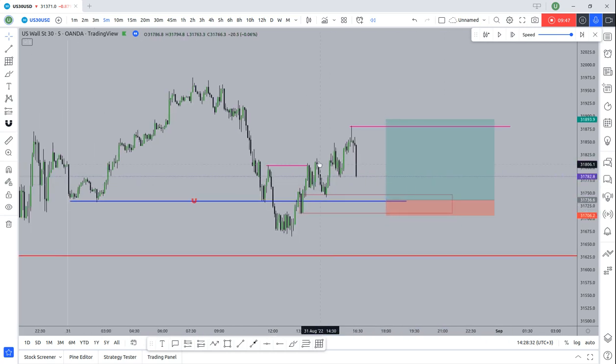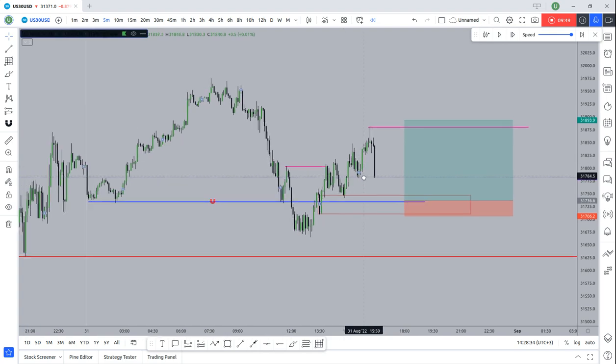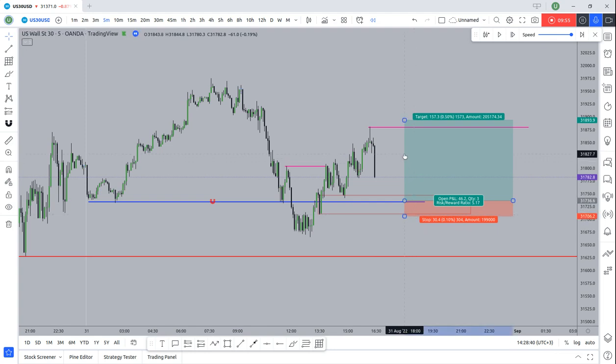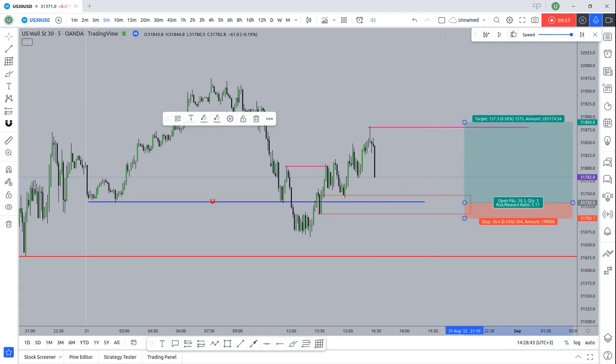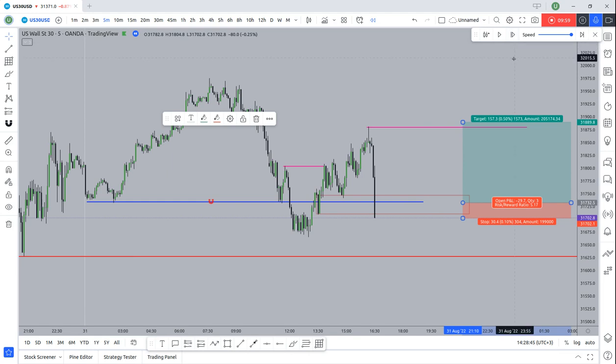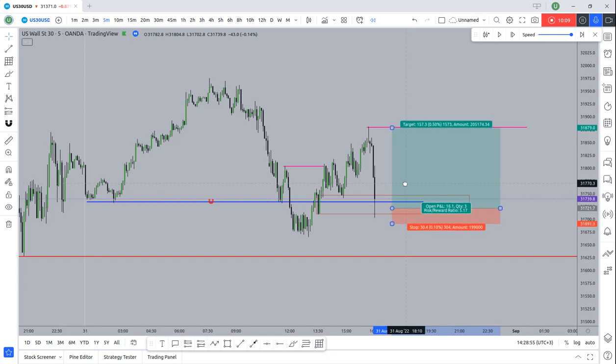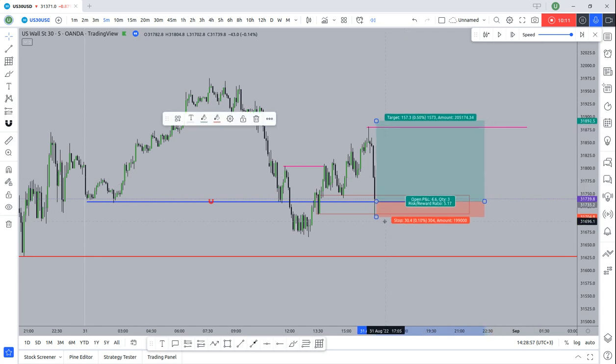I always set my stop loss below the area of interest. So let me put this aside a little bit. Oh, okay. Now, all right. Right here at this candle rejecting this level where liquidity was taken out, this was my entry right here, and my stop loss was below here.